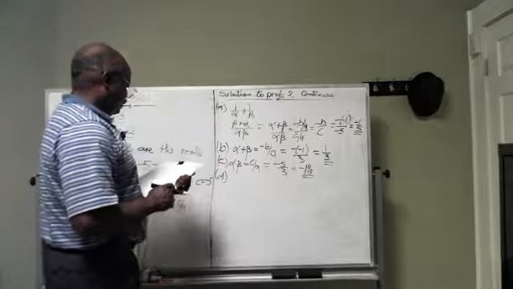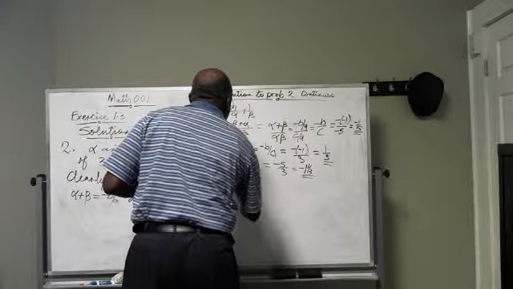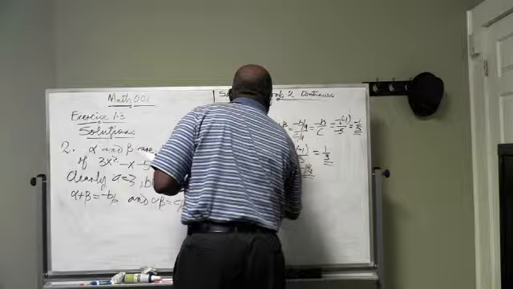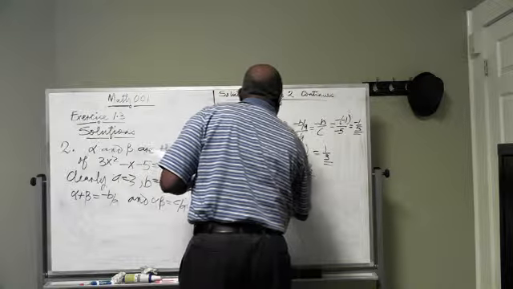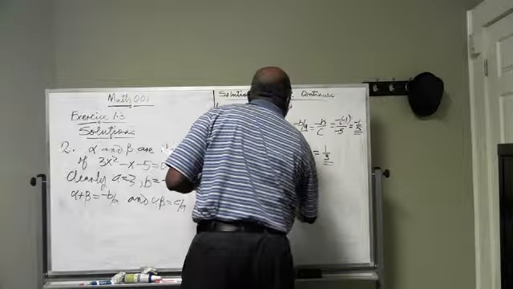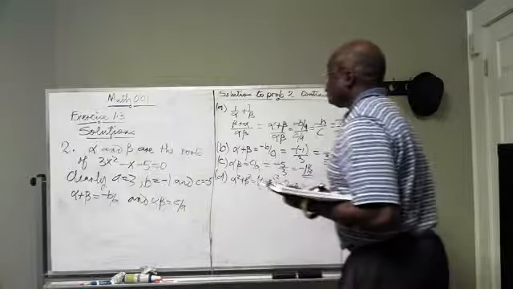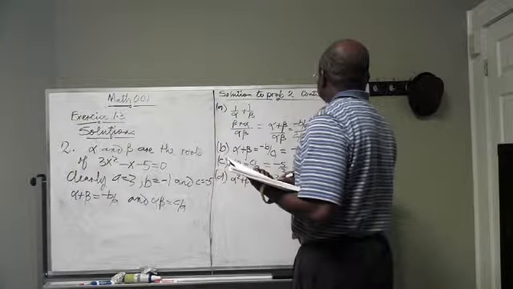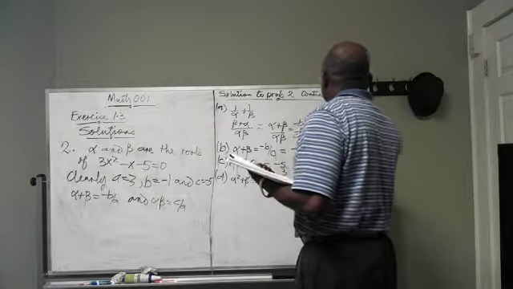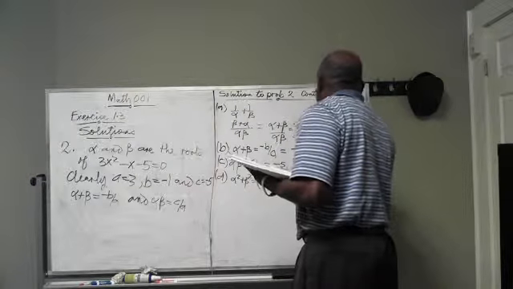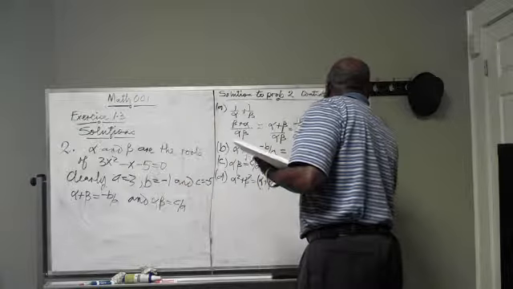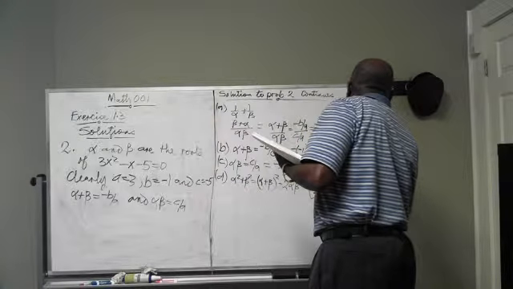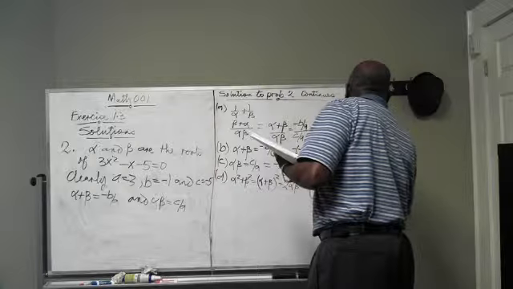D, alpha squared plus beta squared is equal to alpha plus beta all squared minus 2 alpha beta. We know alpha plus beta is equal to 1 over 3. So that will be 1 over 3 all squared minus 2 into minus 5 over 3.